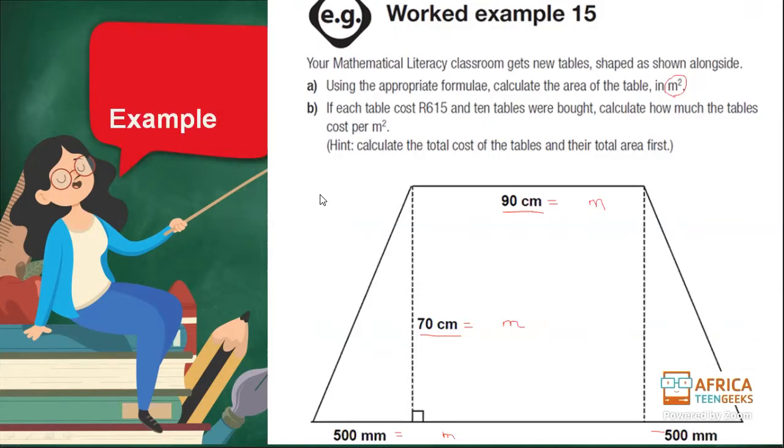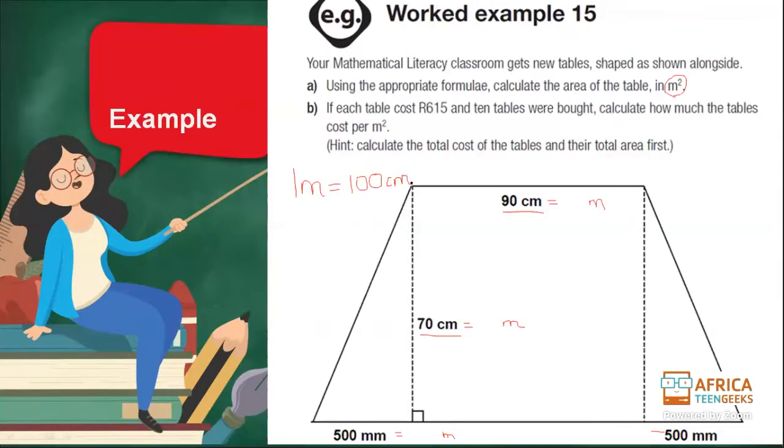Okay, here are our conversions. Now to convert centimeters to meters, I need to know the conversion. So I know that 1 meter is equal to 100 centimeters.